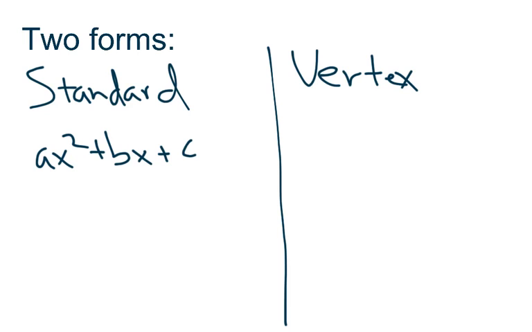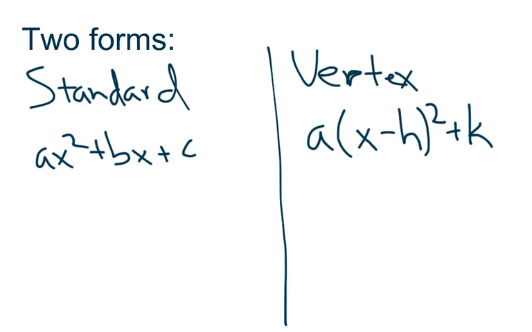And it's called vertex form because it gives you the vertex in the equation. And the generic form for that is a times the quantity x minus h squared plus k. Now, h and k really represent an x-coordinate and a y-coordinate.